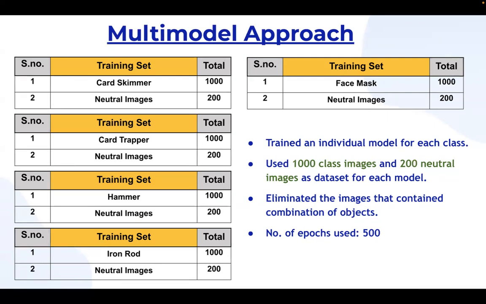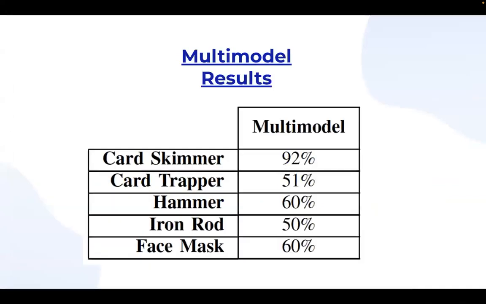To train each model, we used 1,000 images of the object and 200 neutral images, to maintain a low false positive rate. We also eliminated the combination of objects while training these models. And the results of the multi-model approach are here, where we got a very reasonable accuracy, like 92% for card skimmer. In the next experiment, we are planning to improve the remaining models.